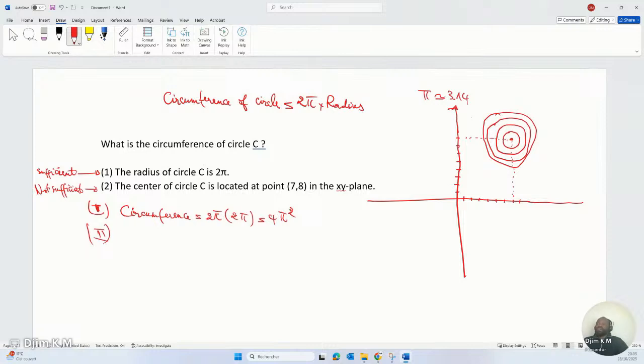Okay, not sufficient because we still need to get the value of the radius in order to find the circumference. We have the formula here, but the second condition does not provide us with that value.